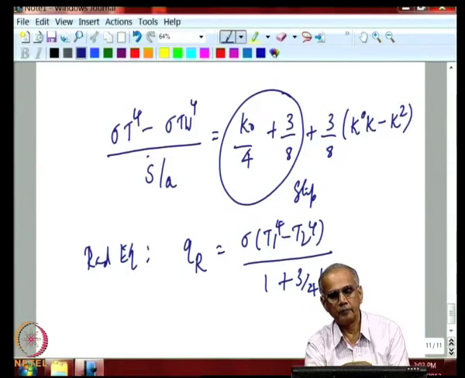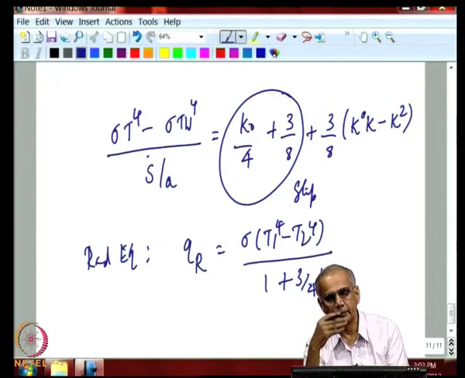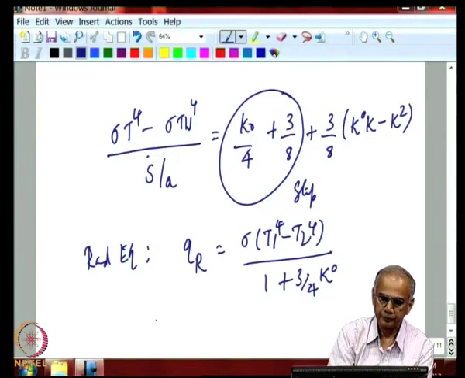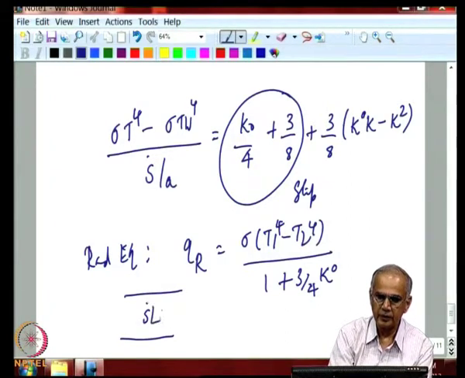So, at no time, even in the thick limit, can the flux go to 0, and as we saw, the flux is determined by the amount of heat generated. As a matter of fact, we can easily see that S dot by L is the heat generated, and so half of it has to go this way, half of it has to go from the bottom plate.